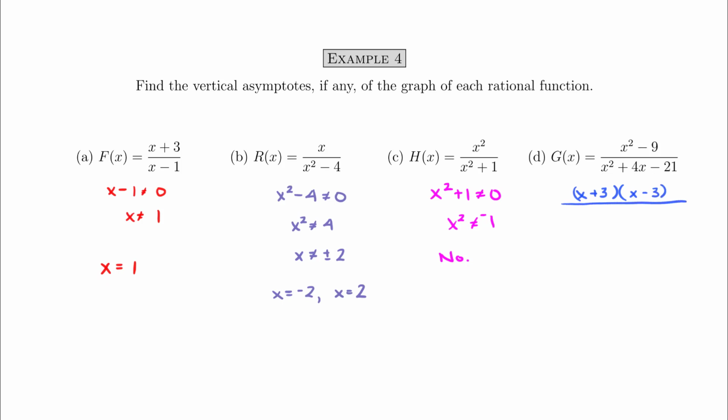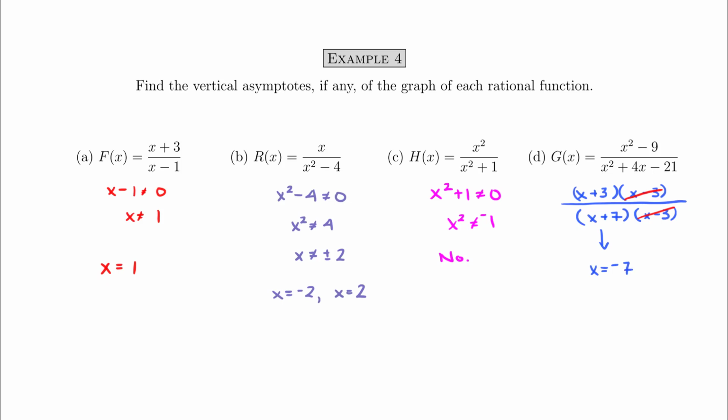We also note that the denominator factors into x plus 7 and x minus 3. Now, we're strictly speaking about vertical asymptotes, not the domain. So with vertical asymptotes, when we cancel these two terms, we're left with x plus 7 in the denominator. And what that will lead us to conclude is that x equals negative 7 is a vertical asymptote.